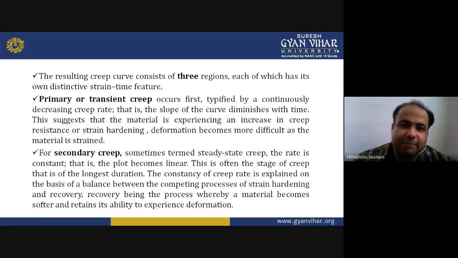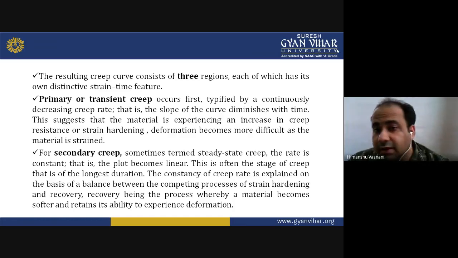The resulting creep curve consists of three regions, each of which has its own distinctive strain-time feature. The first one is primary or transient creep. This occurs first, characterized by a continuously decreasing creep rate; that is, the slope of the curve diminishes with time.